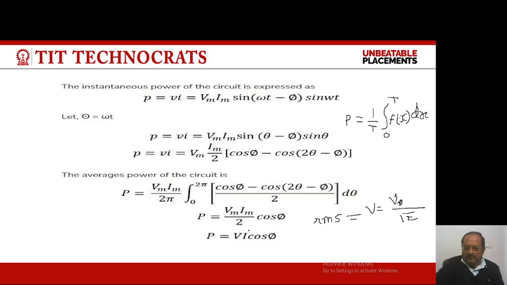Then this formula results in V into I cos phi. So this is the true power in the circuit.